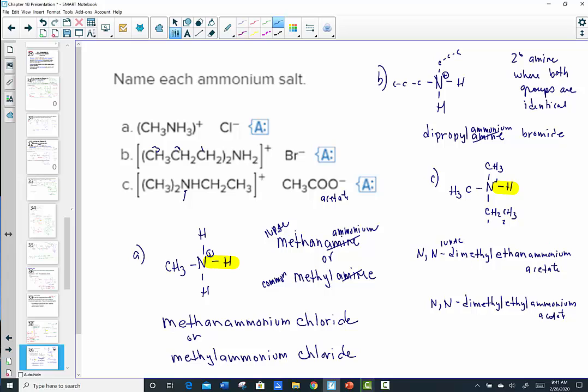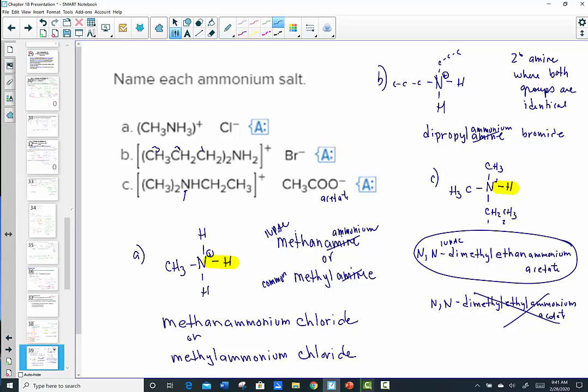But this is the better, it's an IUPAC name. I would say let's just throw out that common name and just stick with what we know, IUPAC. N,N-dimethyl, it would have been ethanamine. I took off amine and put ammonium. That's ammonium acetate. There's a lot of letters in those names, aren't there?